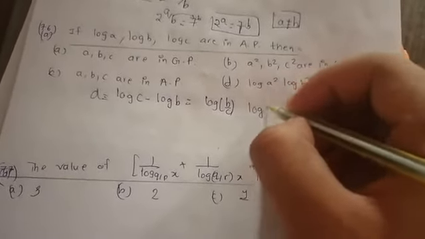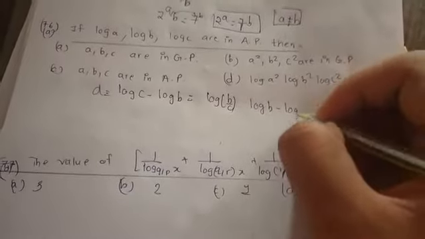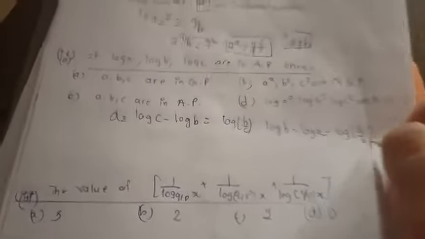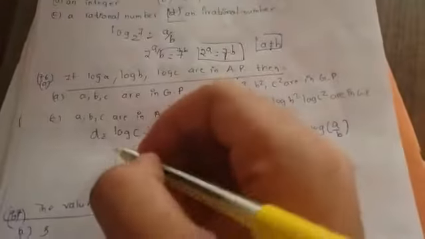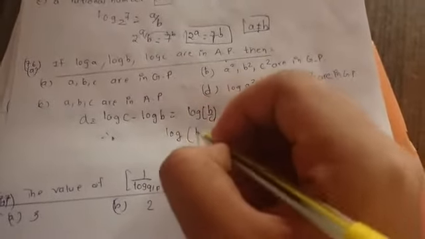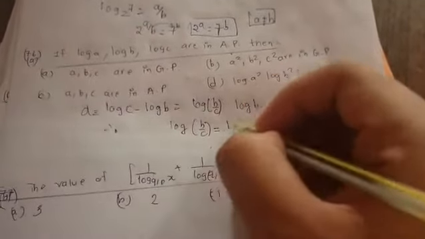Another expression of common difference can be written as log b minus log a is equal to log of a by b. Since this progression is in AP, arithmetic progression, both the terms have to be equal. Therefore, log of b by c must be equal to log of a by b.